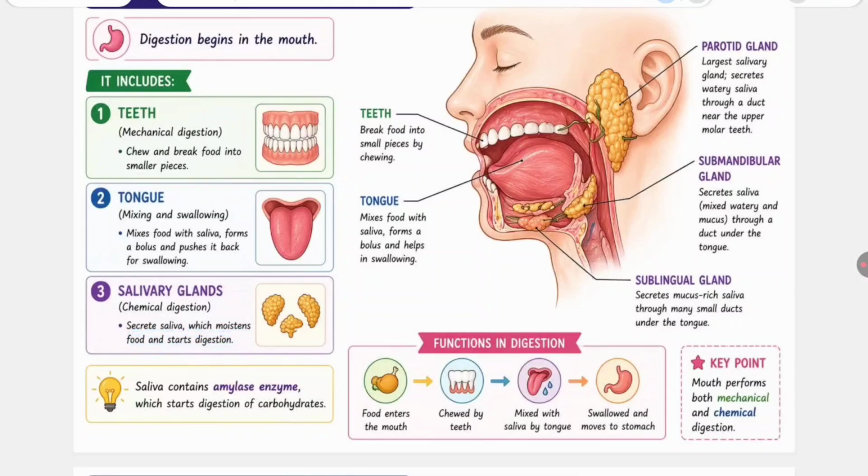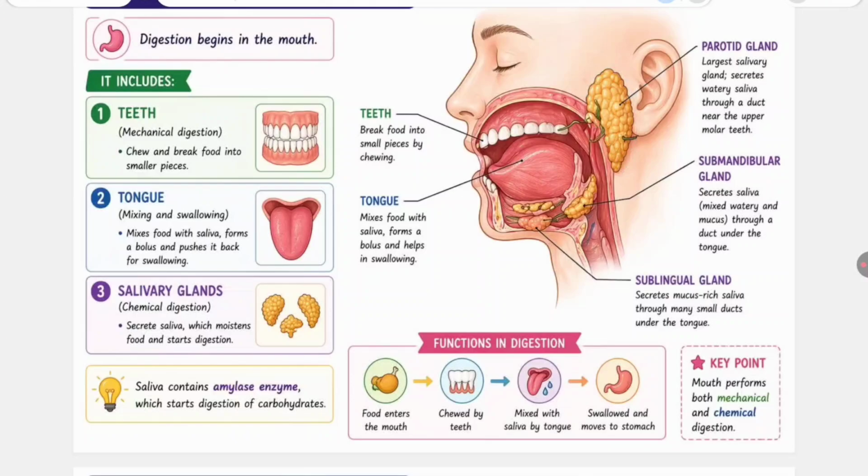Mainly you have to understand that we have three main salivary glands. Their main function is producing saliva. What does this saliva do?